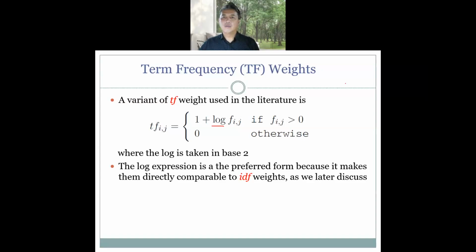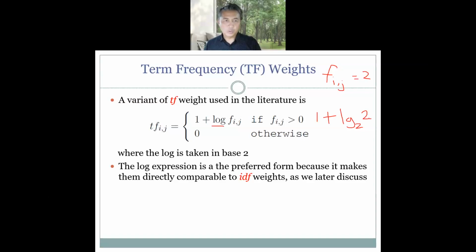Meaning that if your keyword i frequency is 2, your value will be log plus 2, which will turn out to be 2.